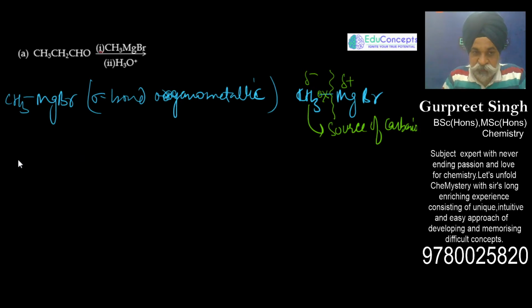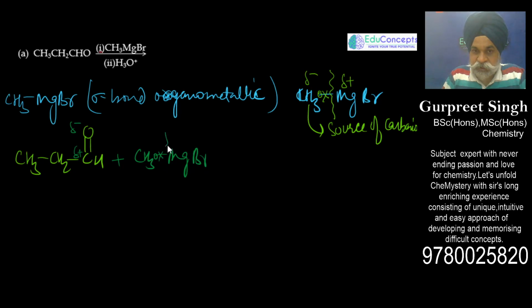But when it is treated with an aldehyde, because the aldehyde has an electrophilic center, this is delta positive, this is delta negative. So CH3MgBr as a carbanion would attack like this, and this would give you this thing.